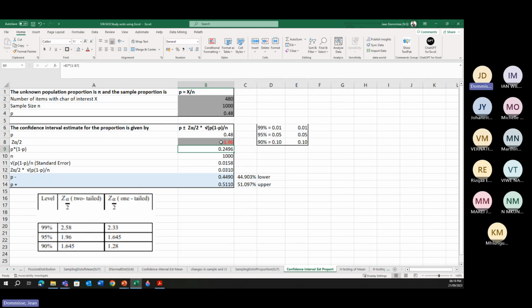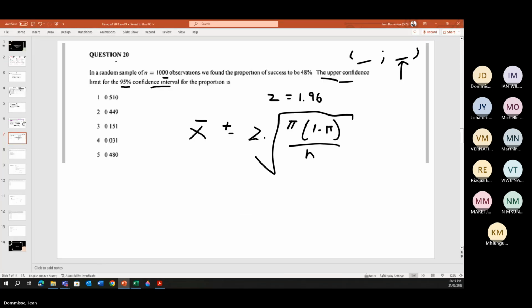By using this 95%, the 1.96, you can see it did give us a lower. We only want the upper one, so 0.511. And if we look at the question set, there is the 0.51.